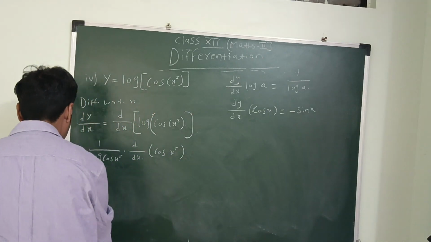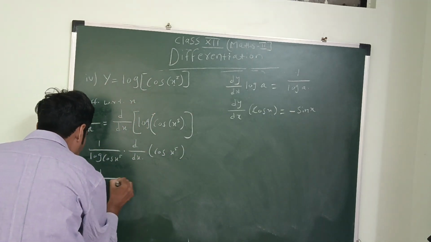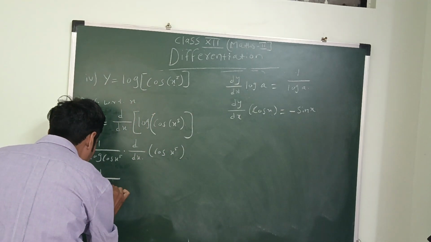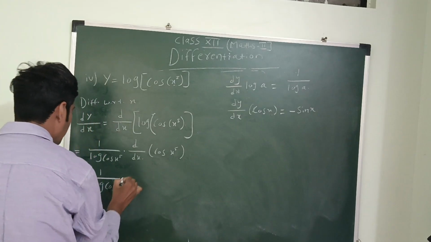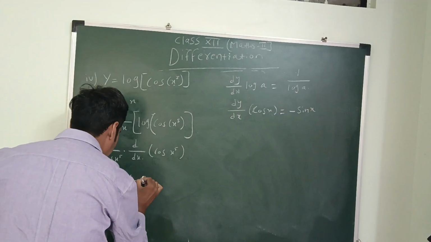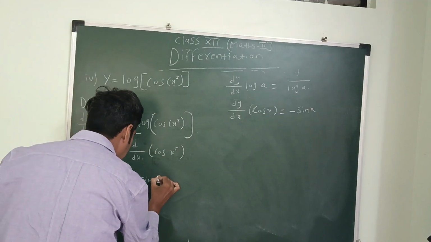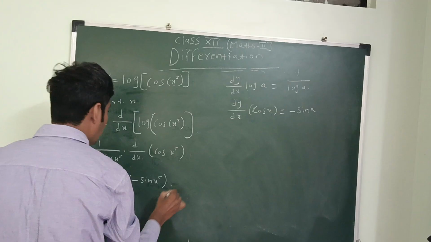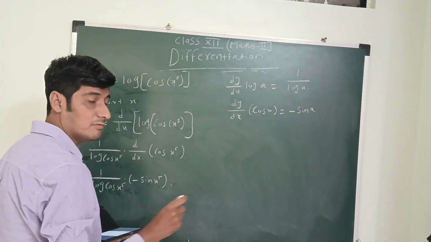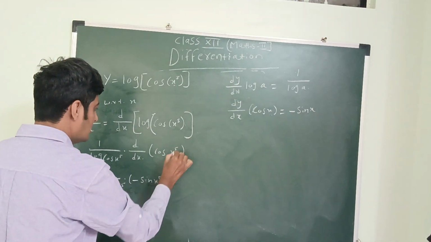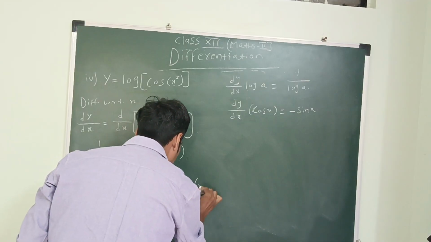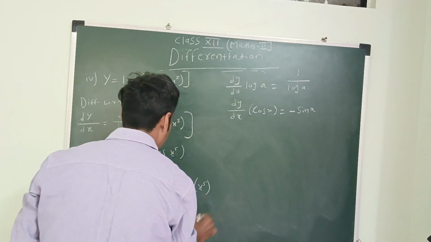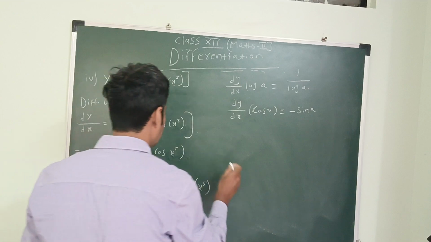So what we will write here is 1 upon log cos x raised to 5 multiplied by minus sin x raised to 5. Now we have to differentiate the third function also, which is x raised to 5.